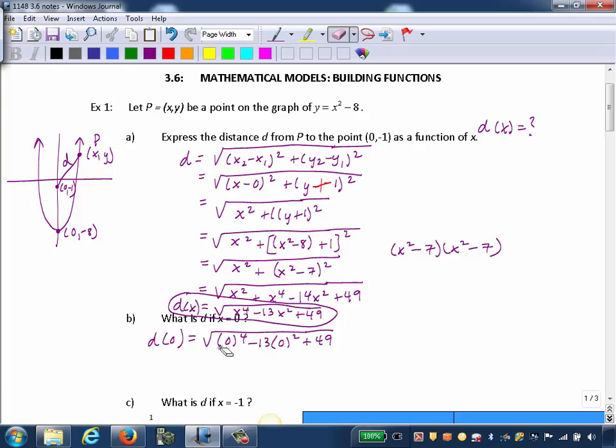If I simplify here, 0 to the fourth is 0, 0 squared is 0. So this is just going to give us the square root of 49, which is 7. If we look up at our graph, that makes sense, because if my x value is 0 on this graph, that would have me down here at (0, -8), and the distance between (0, -1) and (0, -8) is definitely 7.